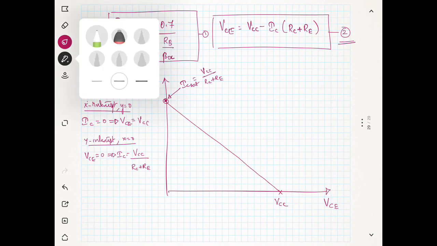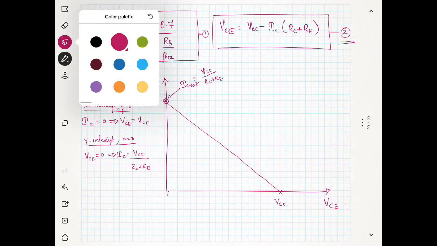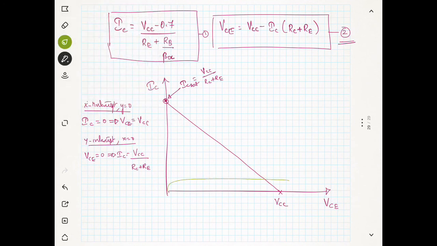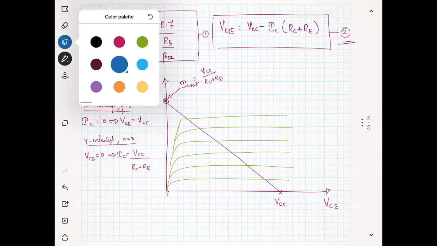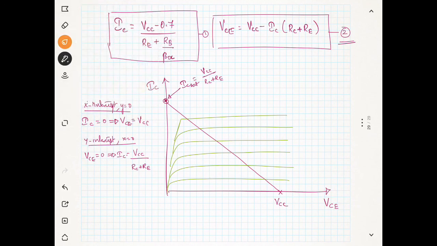And also you can draw the transistor characteristics. You can show the transistor characteristics like this. These are all lines that represent the transistor characteristics. I hope that this is clear, and you can mark the Q point as in the previous case somewhere. Suppose this is your VCE, and VCE is nothing but VCC minus IC into RC plus RE.